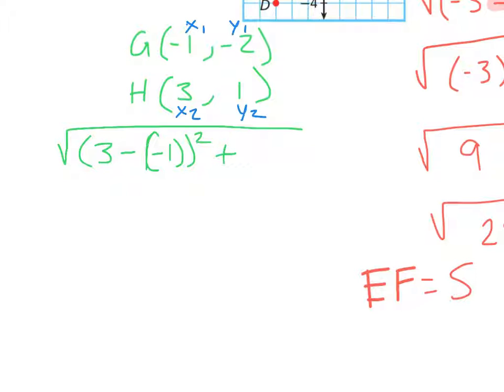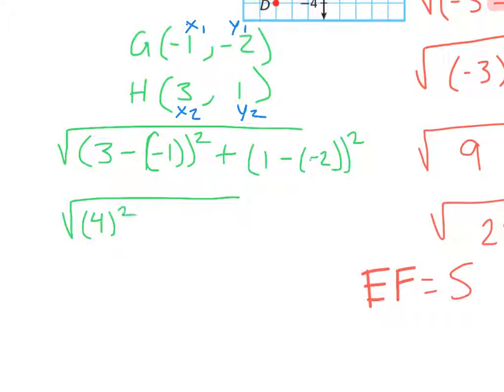So plus y2, which is 1 minus negative 2 squared. So what's 3 minus negative 1? So 4 squared plus 1 minus negative 2, 3 squared.